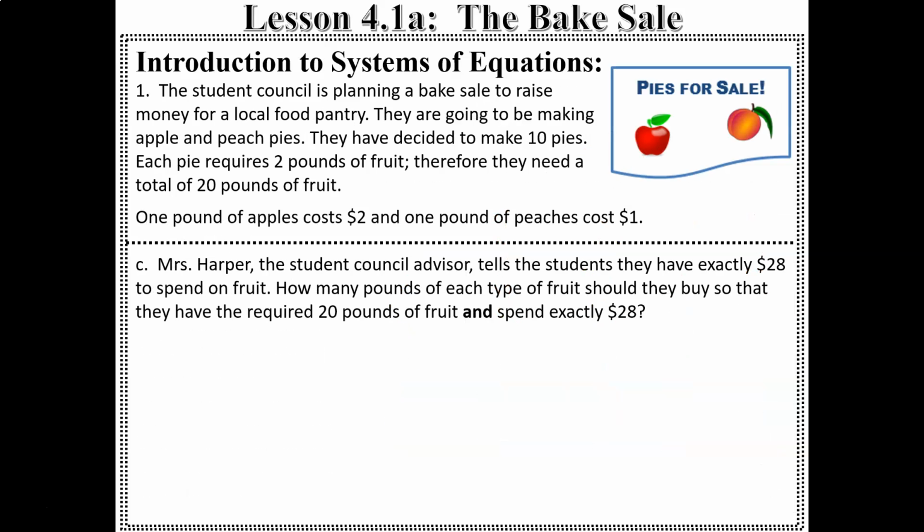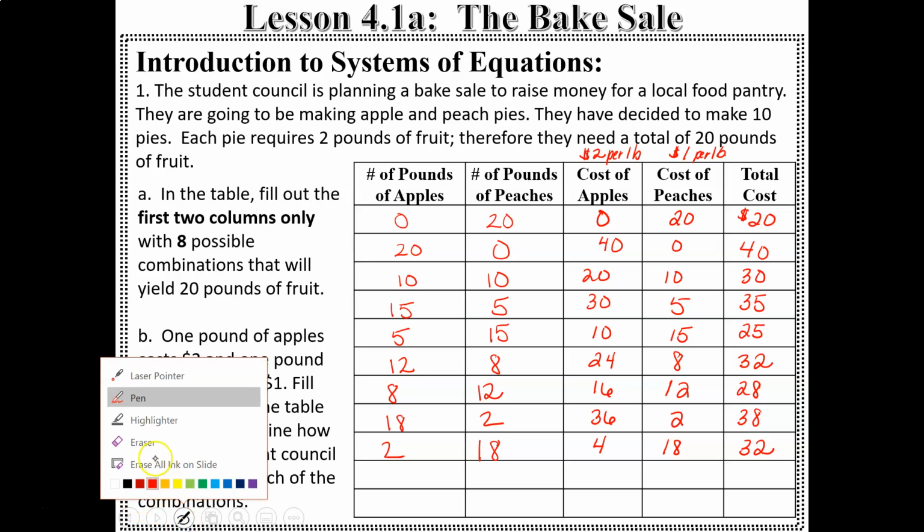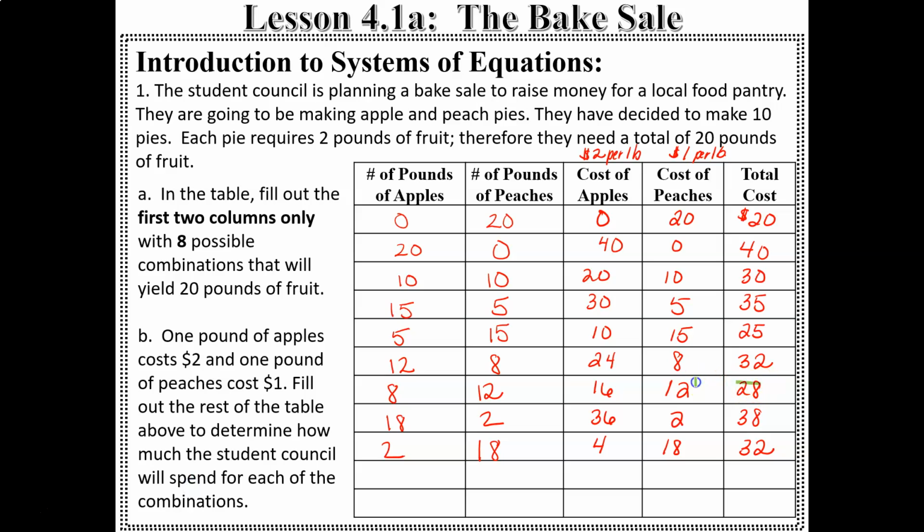So let's go to letter C. Mrs. Harper, the student council advisor, tells students they have exactly $28 to spend on fruit. How many pounds of each type of fruit should they buy so that they have the required 20 pounds of fruit and spend exactly $28? Well, we're going to go back here and we're going to look at our last column for $28. So that's right here.